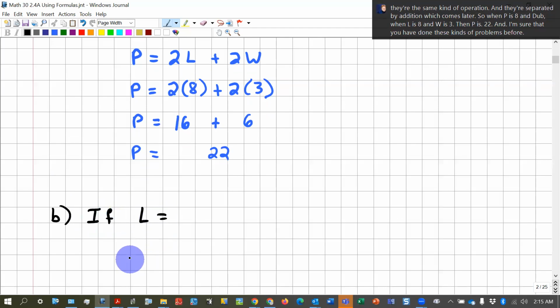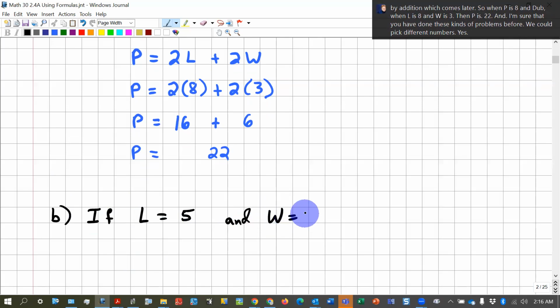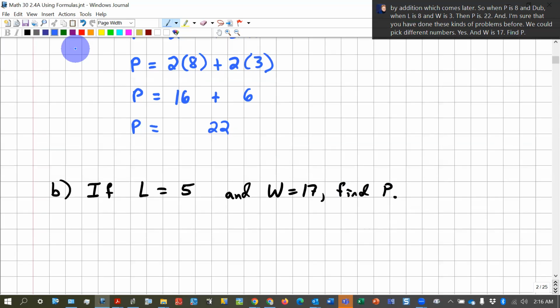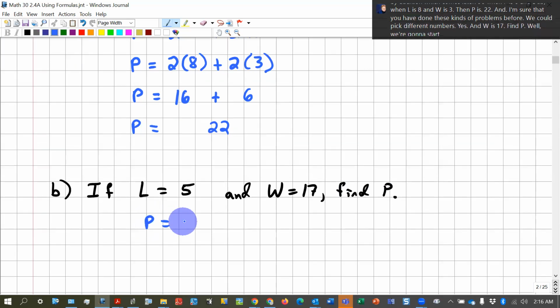We could pick different numbers. If L is 5 and W is 17, find P. Well, we're going to start with the formula.